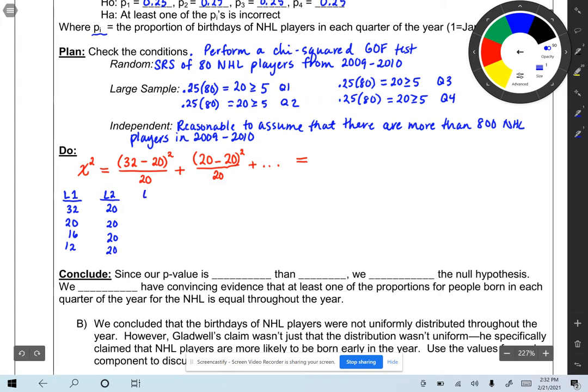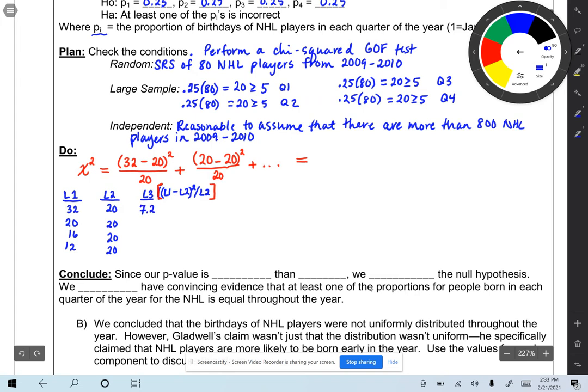And then L3 would be L1 minus L2 squared divided by L2. Now remember, we want to put that formula in and it'll calculate it for us so you don't have to do anything by hand.